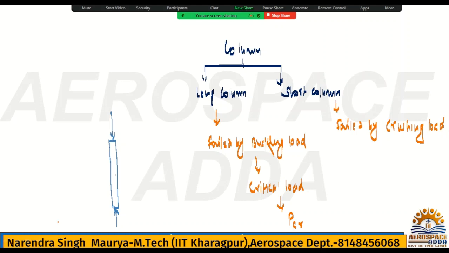If you apply the load, this column will be buckling like this.